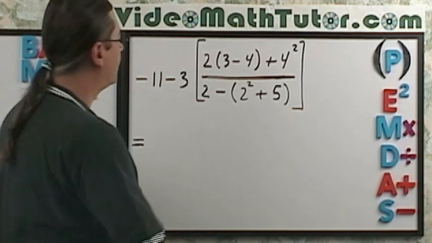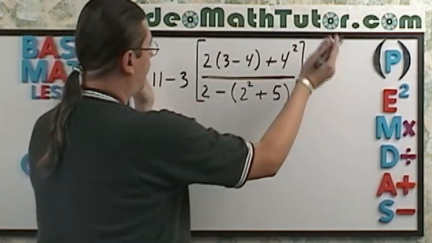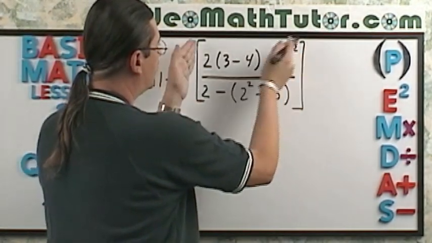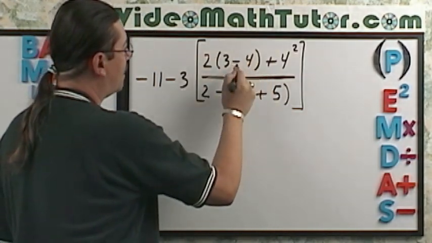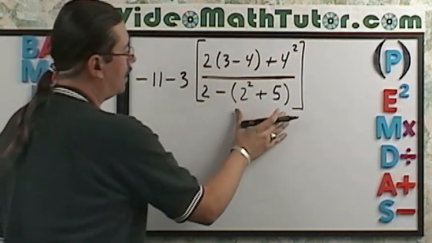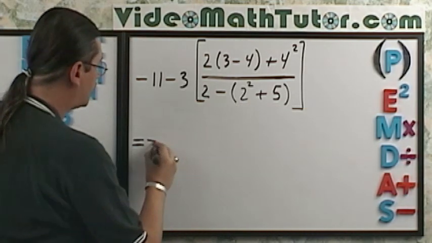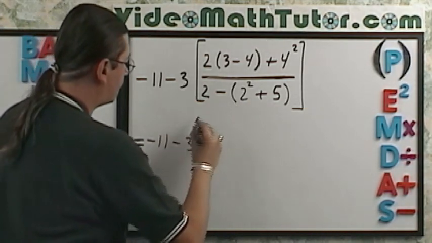All right, the first thing we're going to do is, here we have grouping symbols on top, grouping symbols on the bottom. Do the innermost set, which is right there on the top, and then here it is on the bottom. And everything else is just the same.